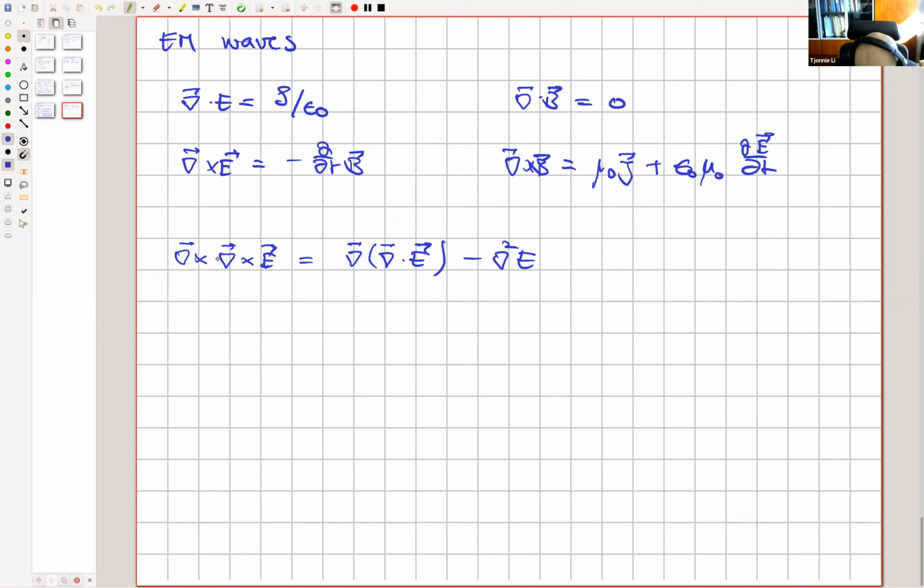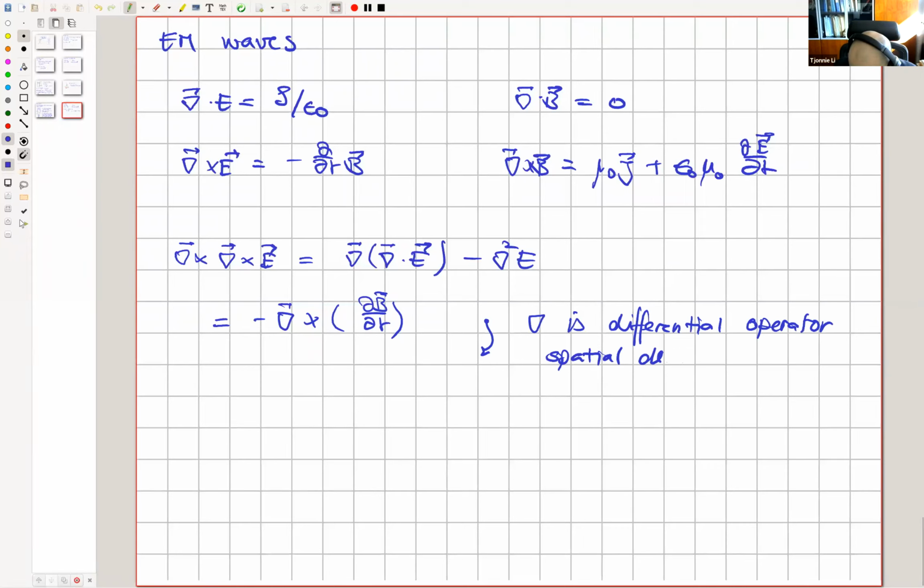Now, of course, the curl of E is given here as negative of the time derivative of B. So we can also write this as negative of the curl of partial B partial t. Now here, of course, we note that the curl is a differential operator of spatial derivatives, of partial derivatives.